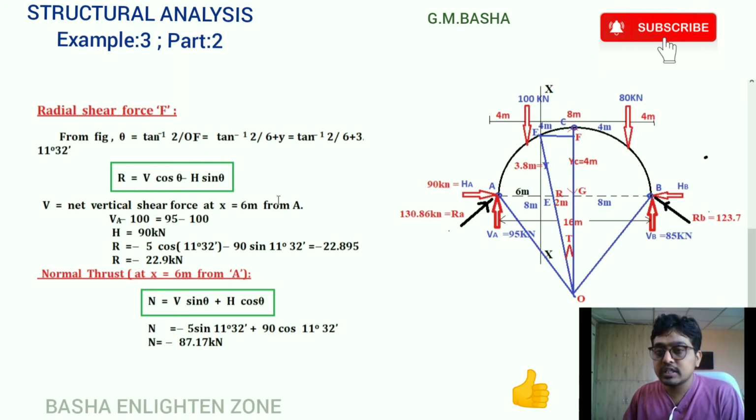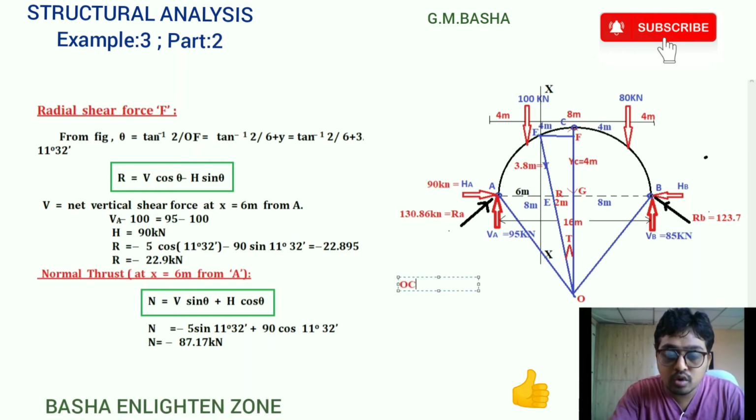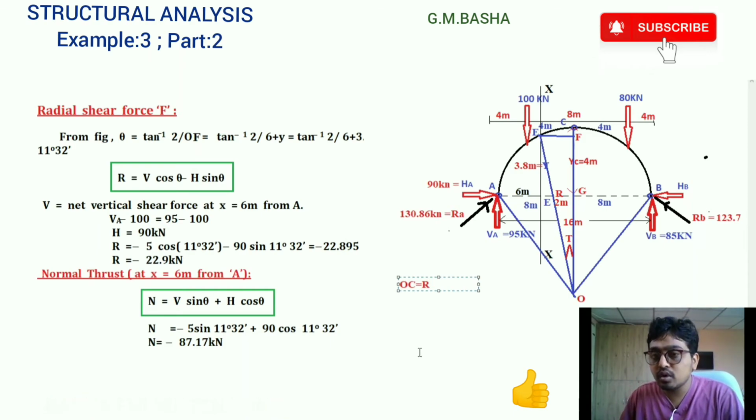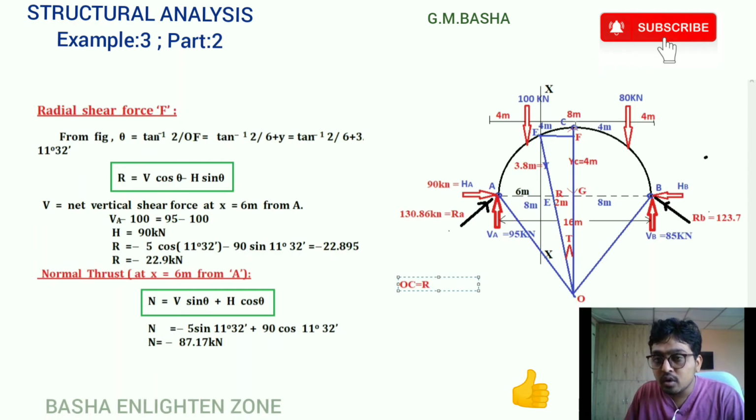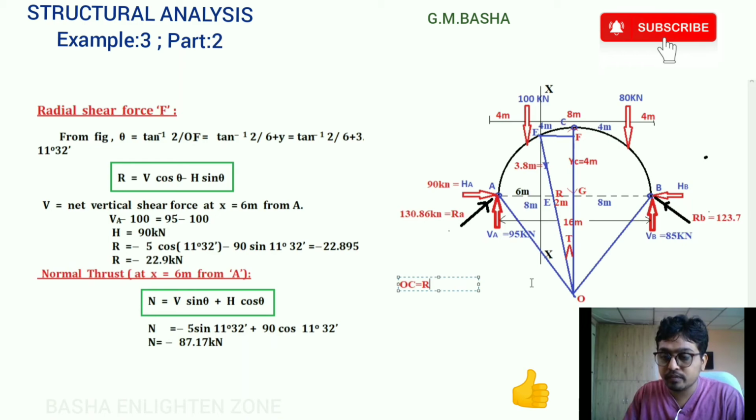Again OF. See here in the diagram, already you know OC will be equal to radius R, from here to here. If I want OG, what I have to do? This total R minus this YC will give this OG value.